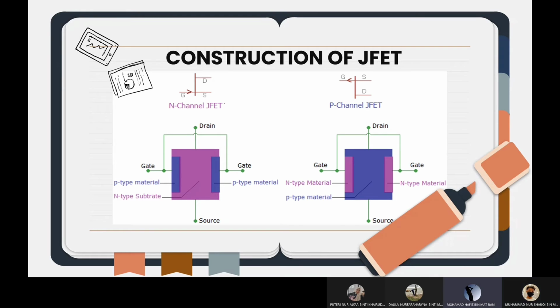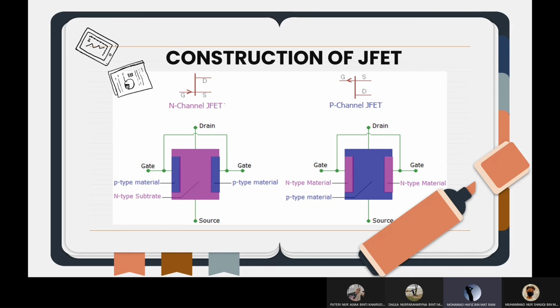The terminal from where the majority carriers, electrons, enter the channel is called the source, designated by S. The terminal through which majority carriers leave the channel is called the drain and designated by D. For an N-channel device, electrons are the majority carriers.